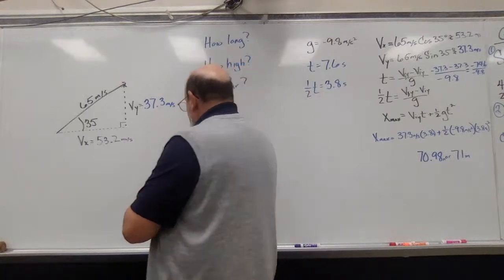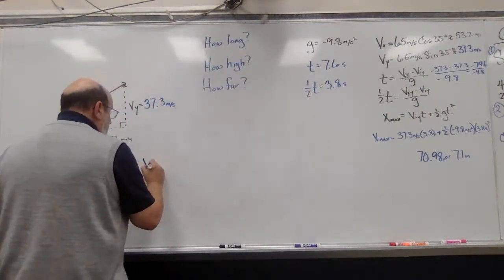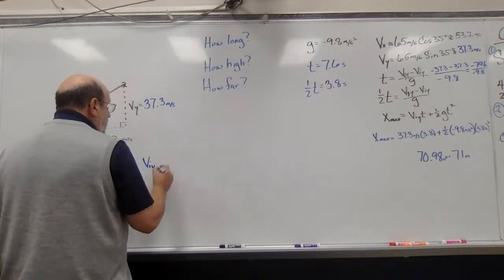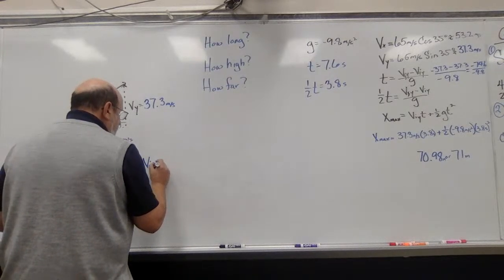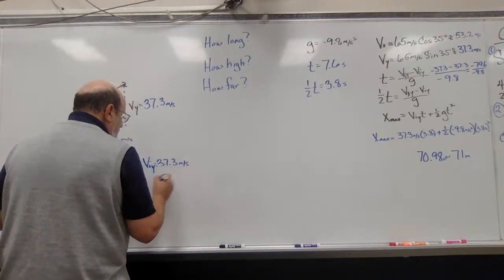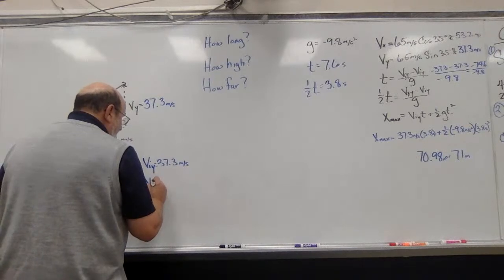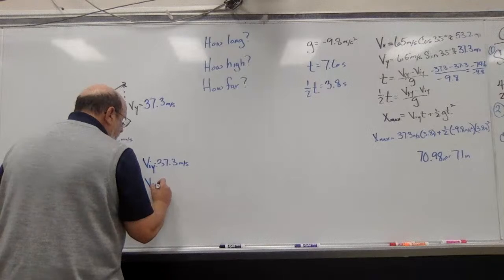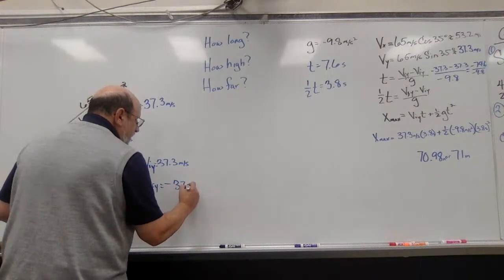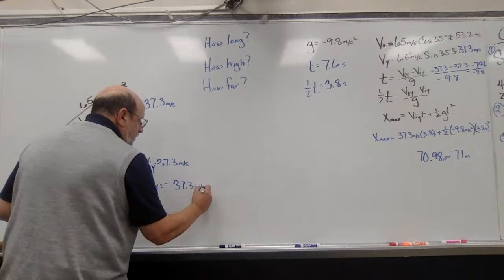So I'll write here, V initial in the y direction is 37 3/10 meters a second. V final in the y direction is negative 37 3/10 meters a second.